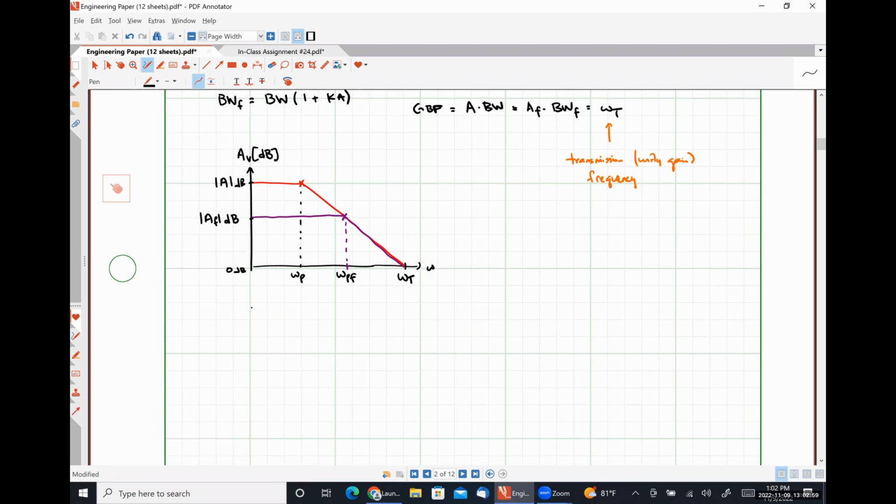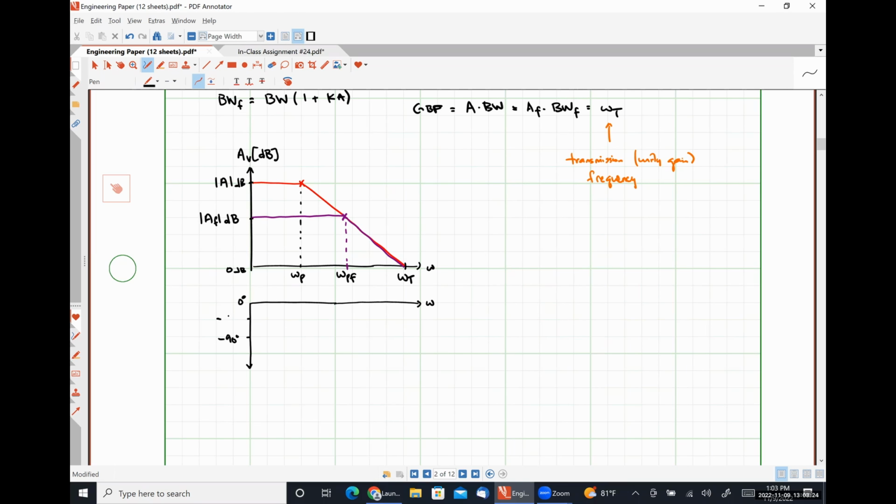So I'm going to draw a phase diagram here. This is going to correspond to an angle of 0 degrees. This is going to correspond to an angle of -90.